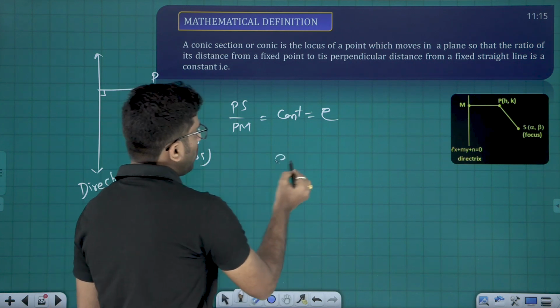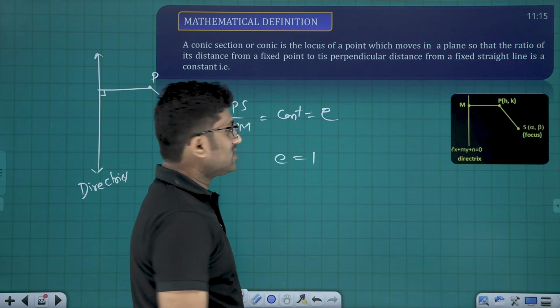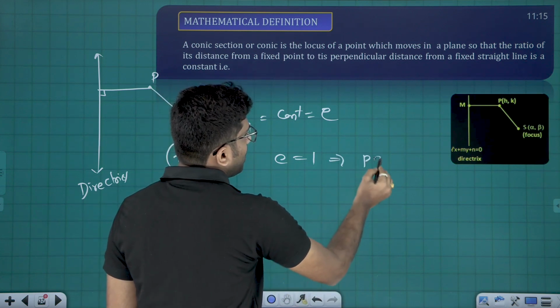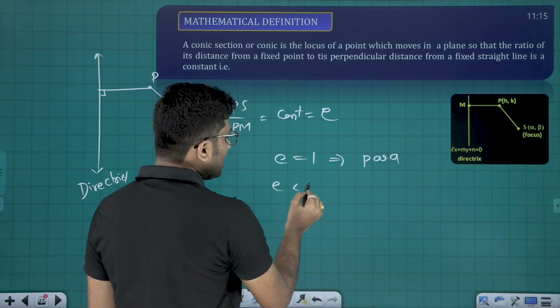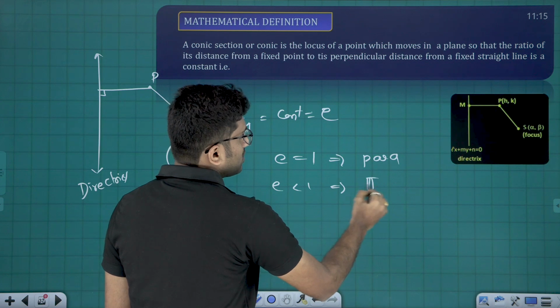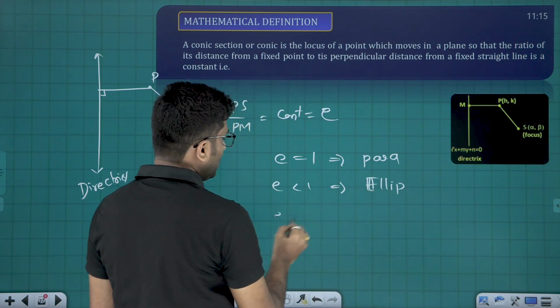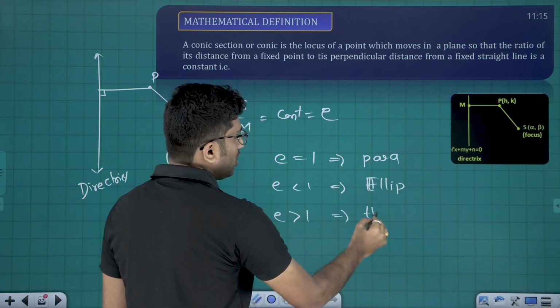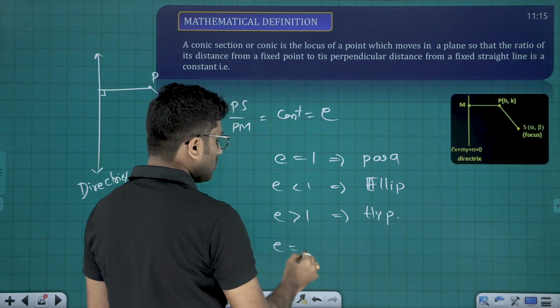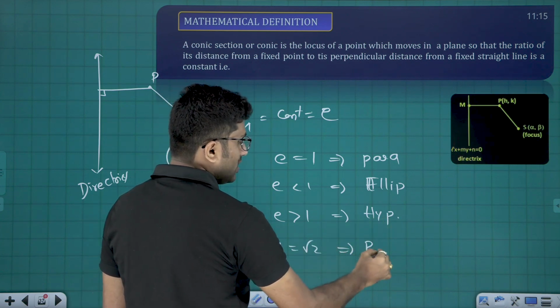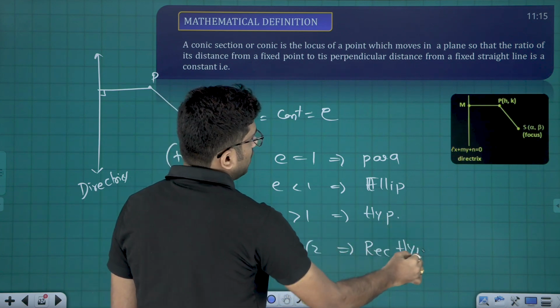If e is 1, then it is a parabola. If e is less than 1, ellipse. If e is greater than 1, hyperbola. If e is equal to root 2, then it is a rectangular hyperbola.